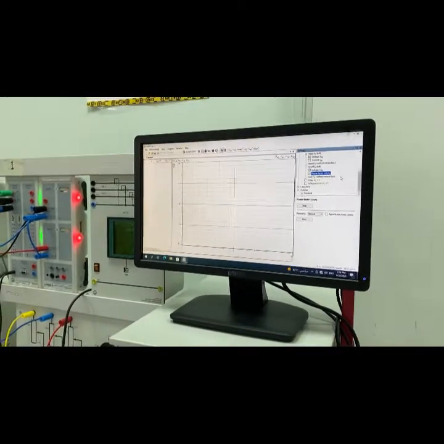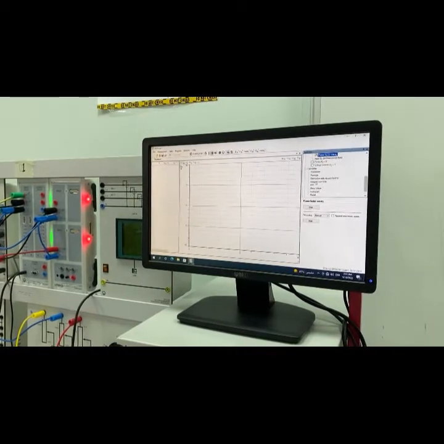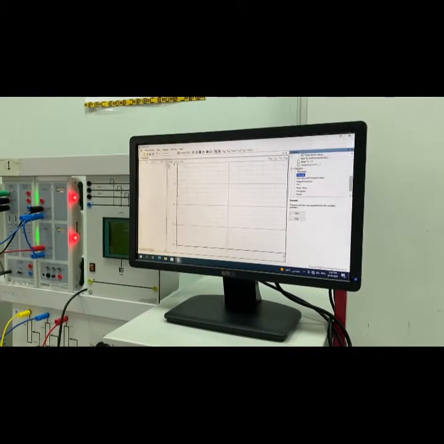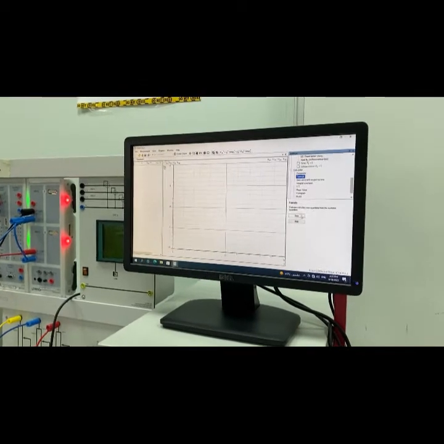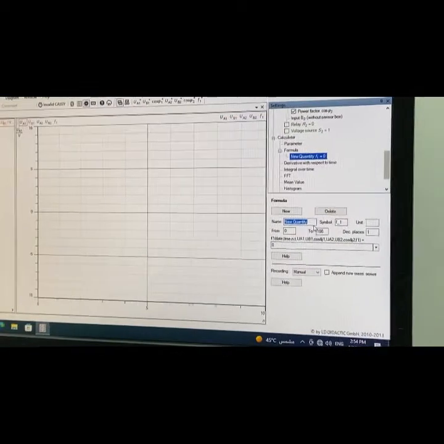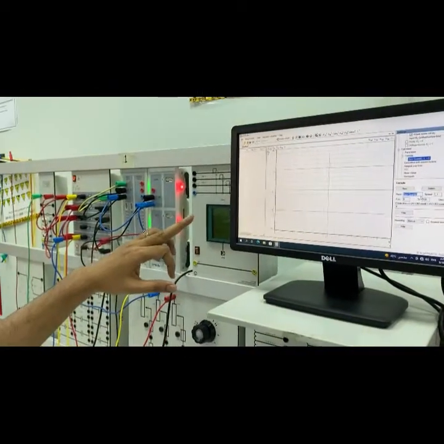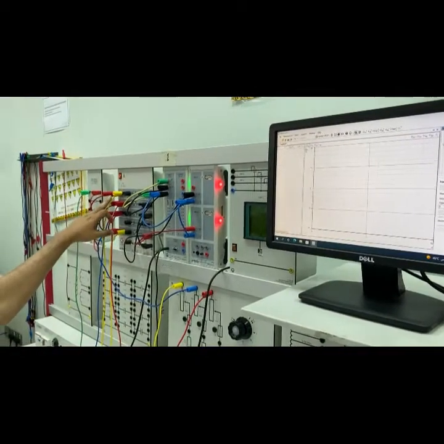Now you have to tell your Lab software what formulas you have to apply. So click on the calculator, then in the formula, and press the new button. The first one is actually current, right?